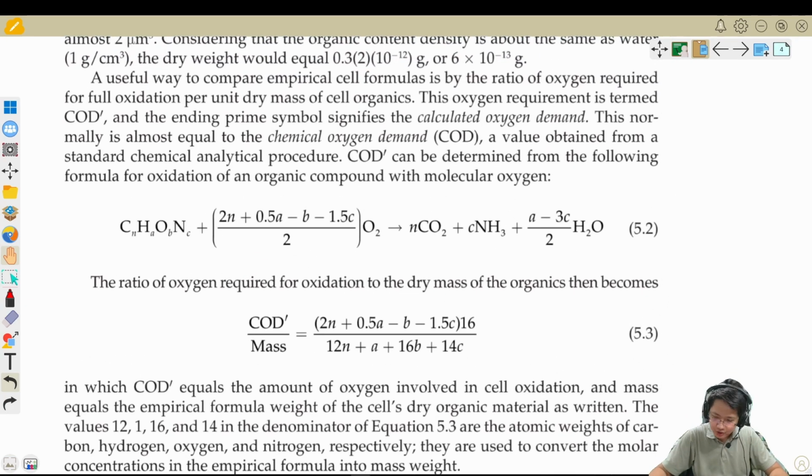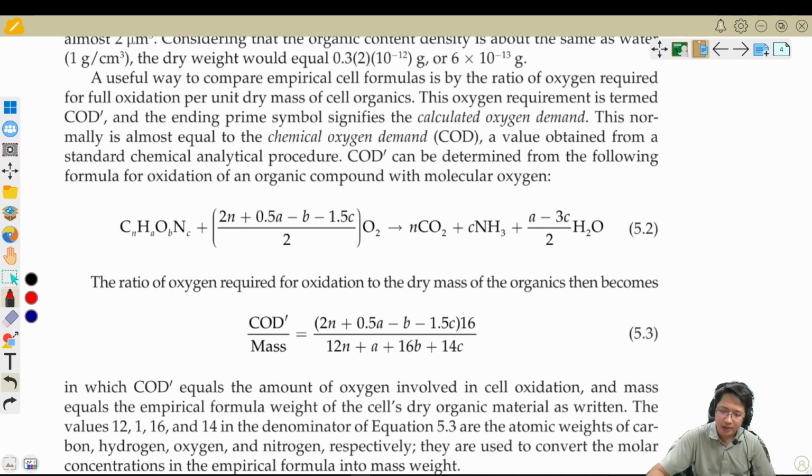Okay, so for equation 5.2, we can understand it as manipulating a chemical reaction that is used to calculate how much oxygen you require to oxidize one organic chemical.